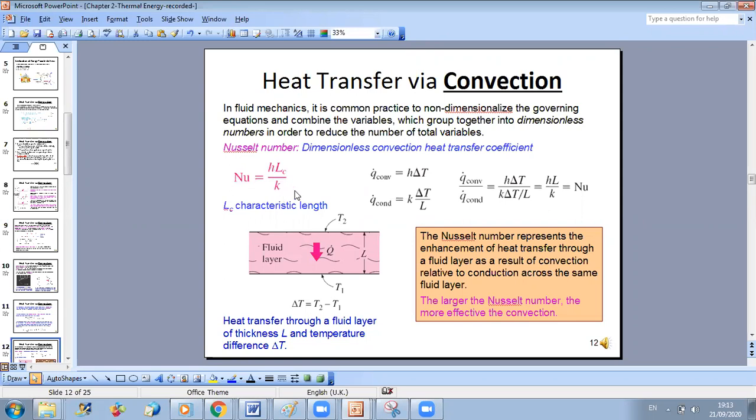Now, if you take two cases, in order to use the same formulas, you should have at least the same dimensionless number, so they should share the same Nusselt. If they have the same Nusselt number, then you can extrapolate the result of this experiment to the other real case.